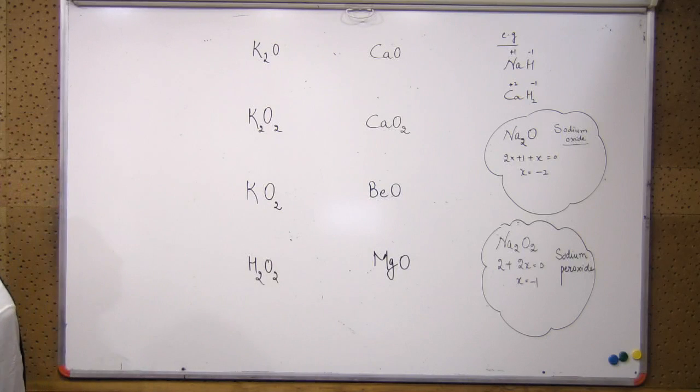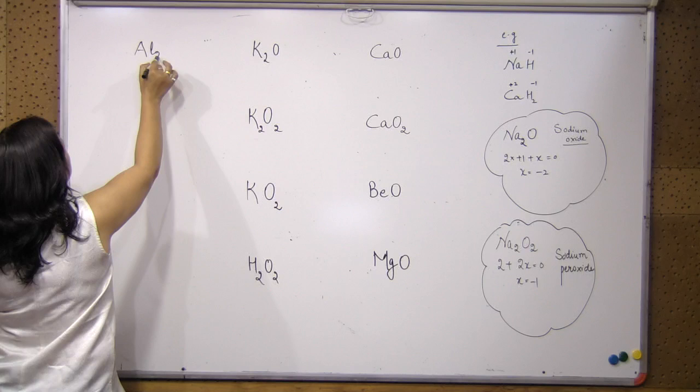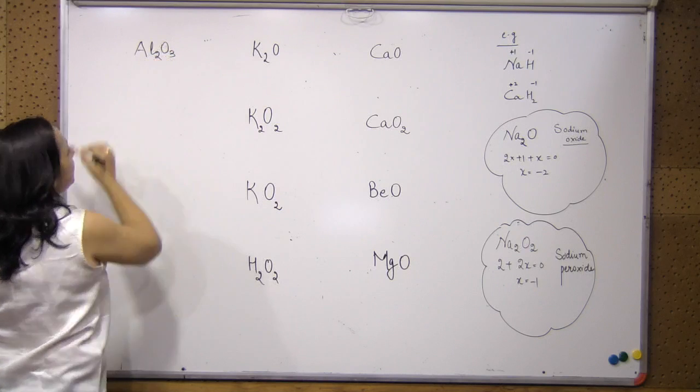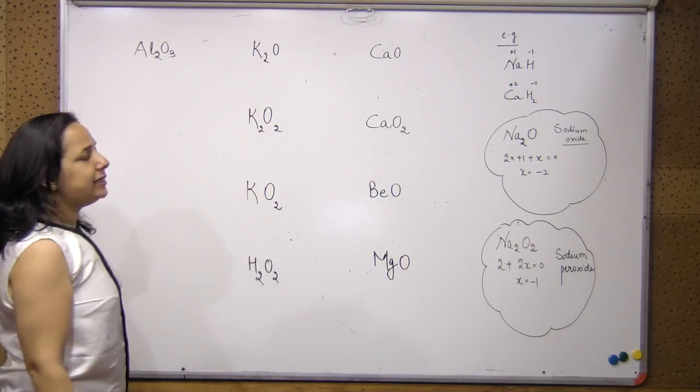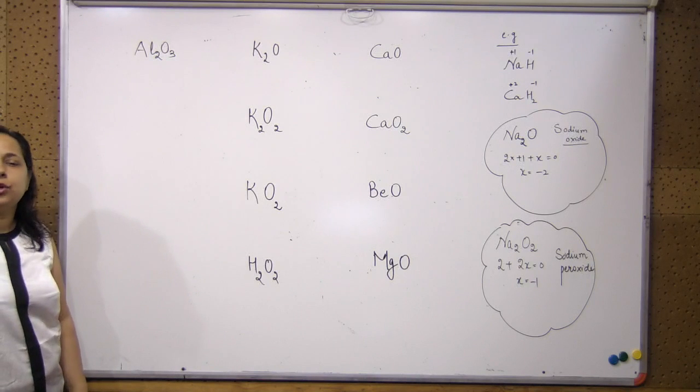If these compounds are written, one more example we can write is Al2O3. In these compounds we can identify whether these are oxides, superoxides or peroxides.